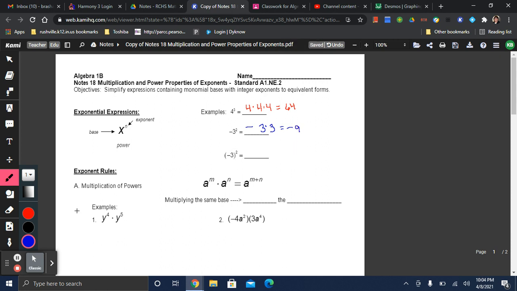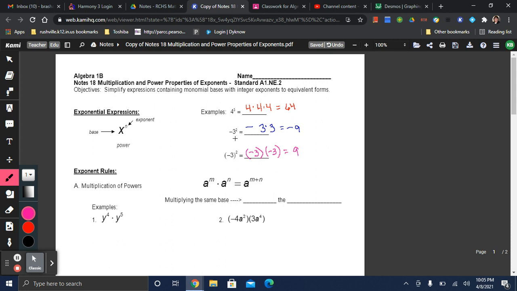But in the case of this second problem, my base is actually including the negative because it's inside the parentheses. So the -3 will be multiplied by itself the 2 times that the exponent says, and a -3 times a -3 is a +9.